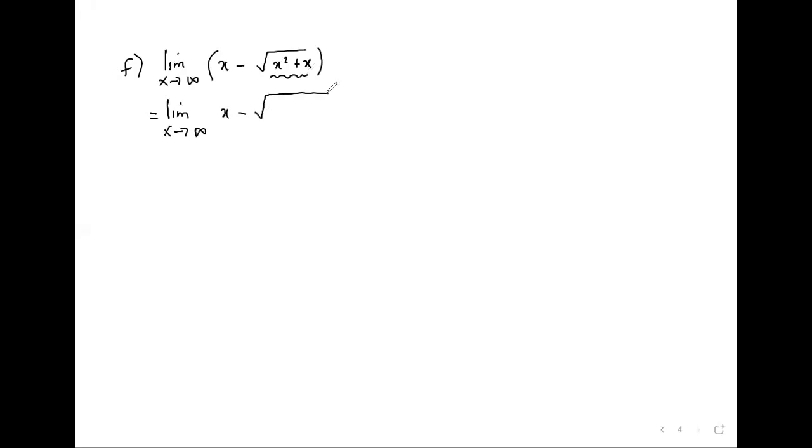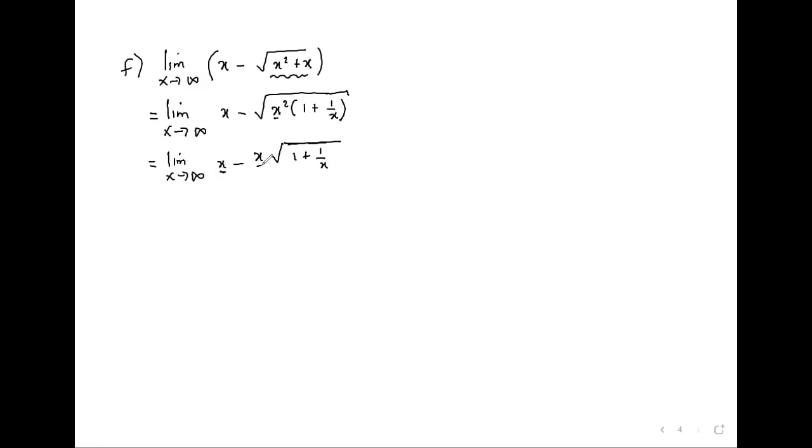Since I'm in the root, if I do this, I'll have 1 plus 1 over x. Then we pull out the x that is inside. We get x minus, this guy will come out as x, and we'll remain with the root of 1 plus 1 over x.